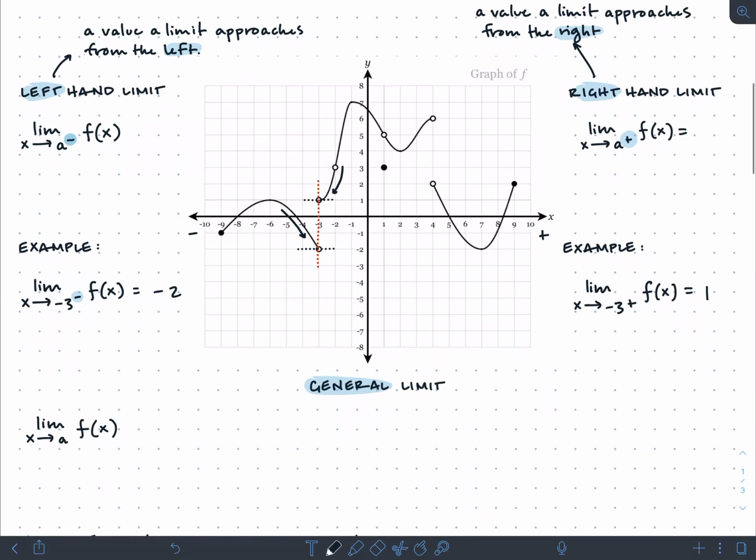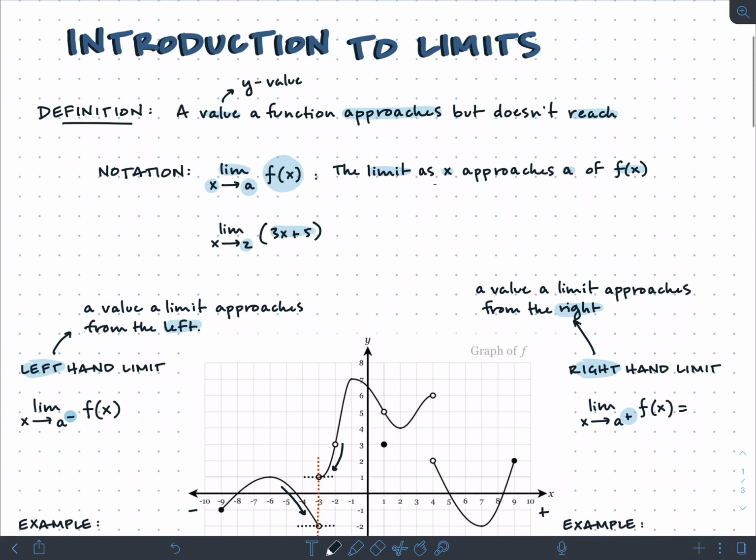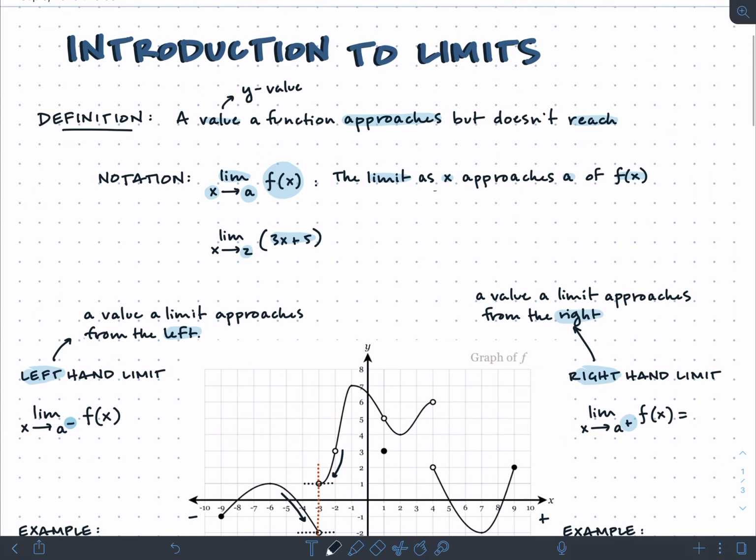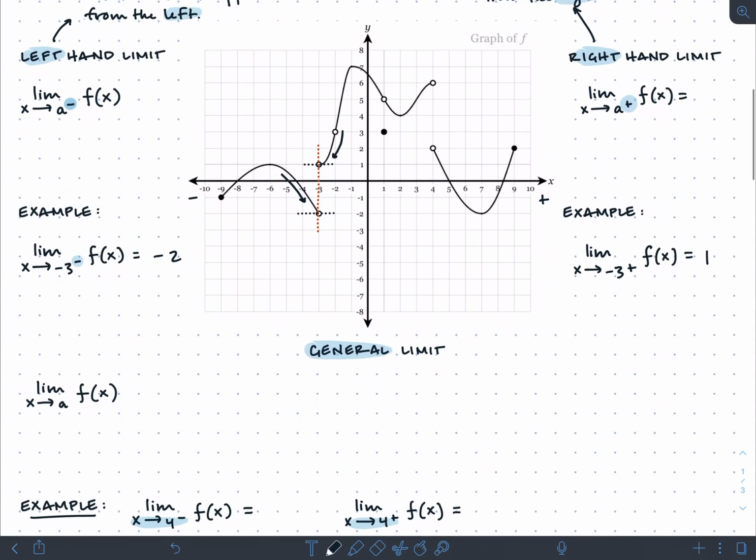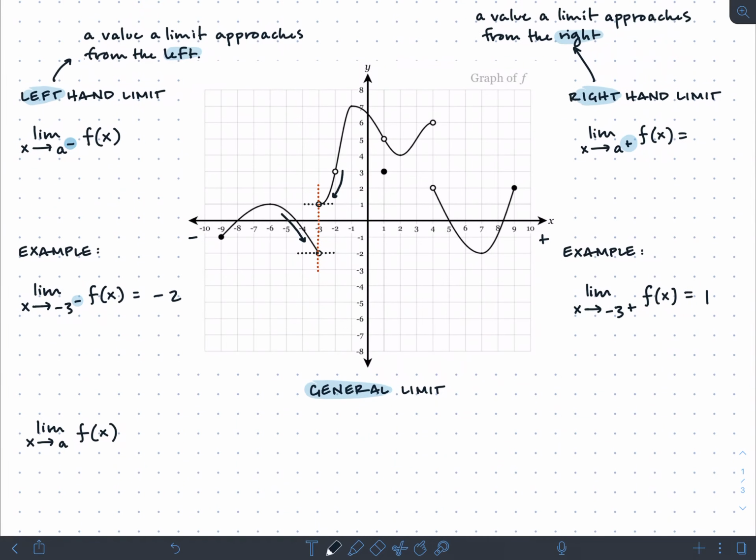Alright, last we have our general limit. And the notation that we learned at the beginning, that is our general limit with no symbols after. But the unique thing about the general limit is that the general limit only exists when the left-hand limit is equal to the right-hand limit.